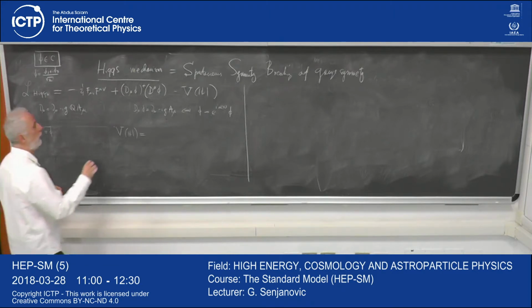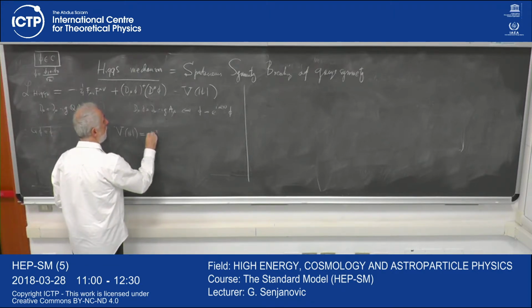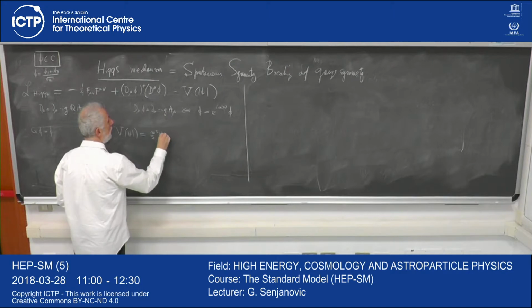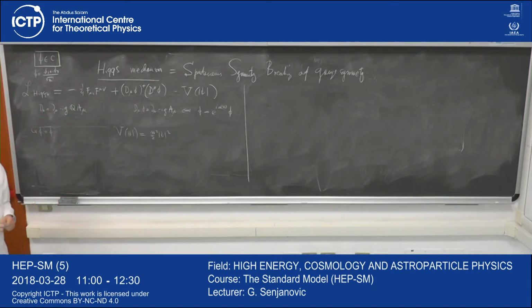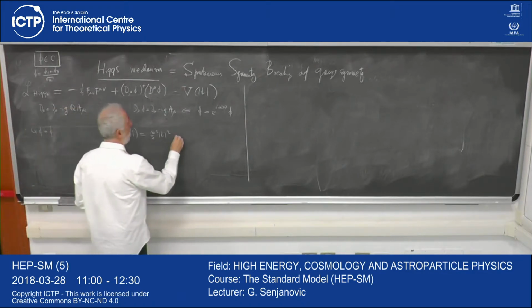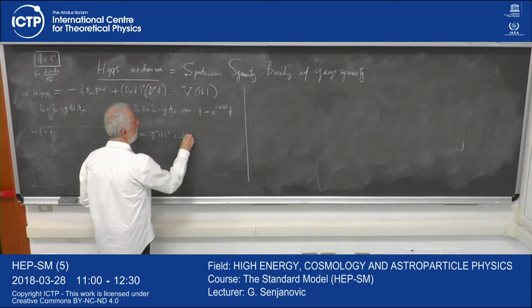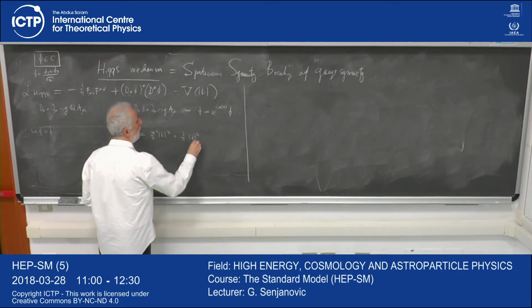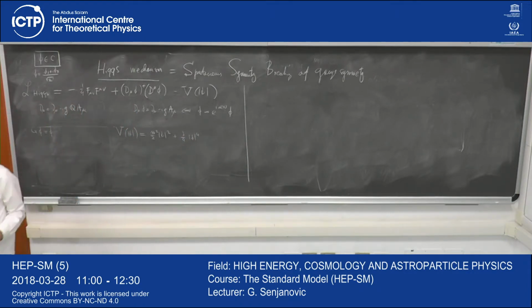So it can start with a quadratic piece. Then I can add interactions. Can I write a cubic term? Again, no. But I can write the quartic, and so on. I'm going to stop here.